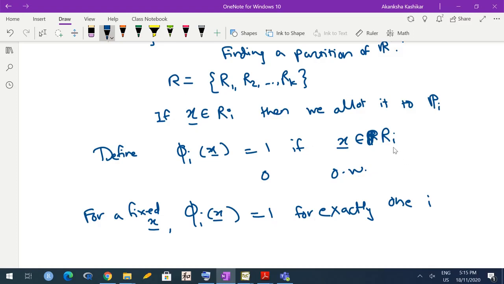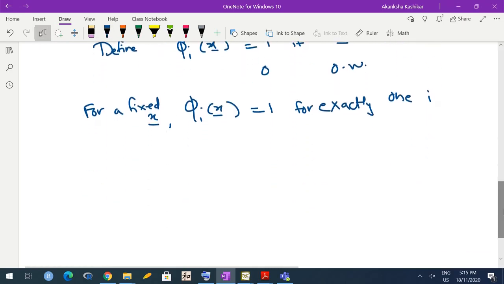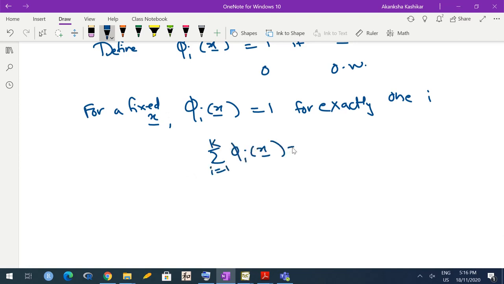It can't belong to more than one, and we can't say that it belongs to none of the Ri's. Why? Because the Ri's form a partition of the entire space R^p. Because of this, I can write that the sum over i going from 1 to k of phi_i(x) is equal to 1 for every x. Correct? Because it is 1 for exactly one i and 0 otherwise.